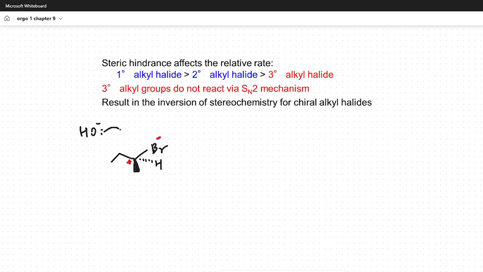So the lone pair will be targeting this carbon. At the same time, the leaving group leaves, which will result in a transition state. And that's going to look like this.